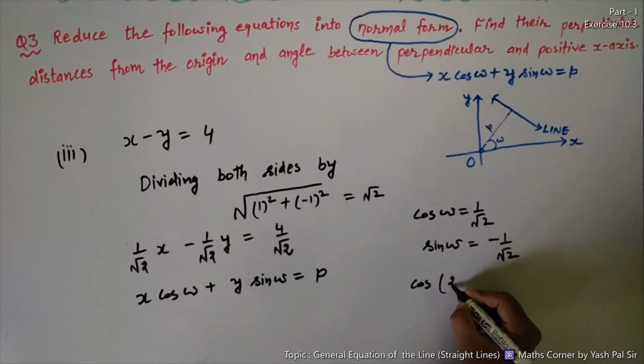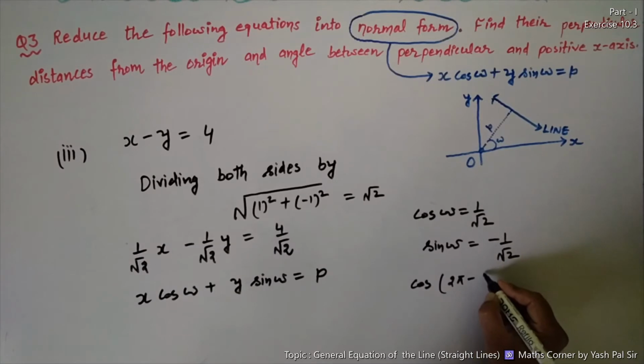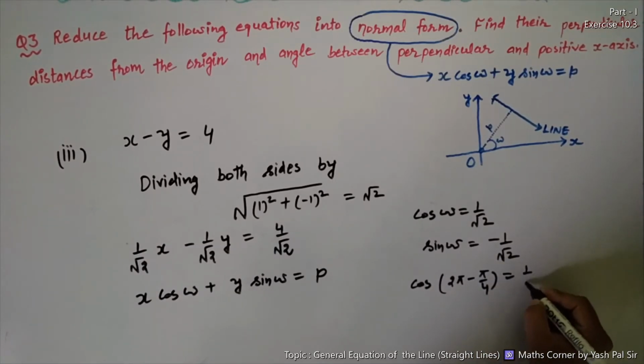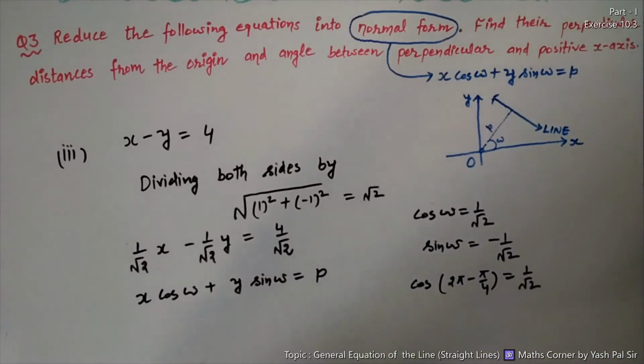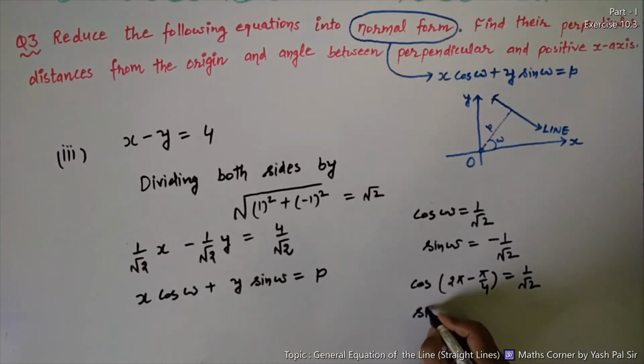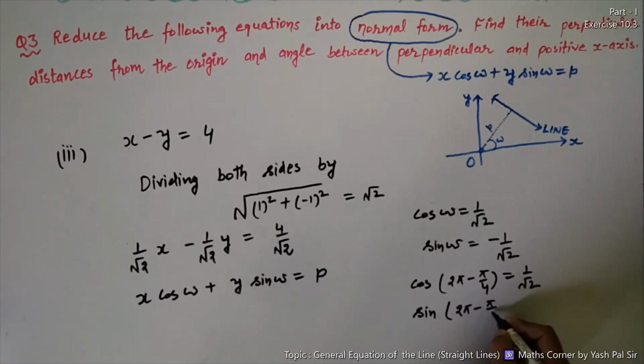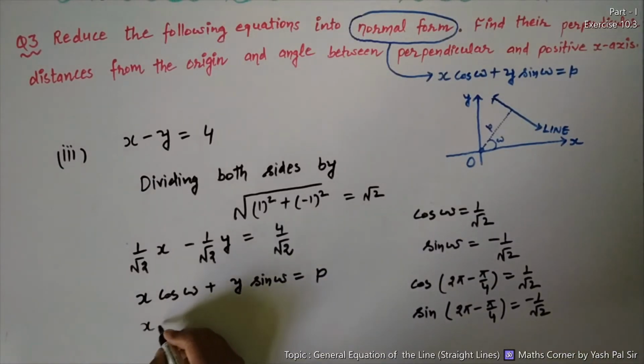We can say that cos of 2 pi minus pi by 4 is equal to 1 upon square root of 2, and sine of 2 pi minus pi by 4 is equal to minus 1 upon square root of 2.